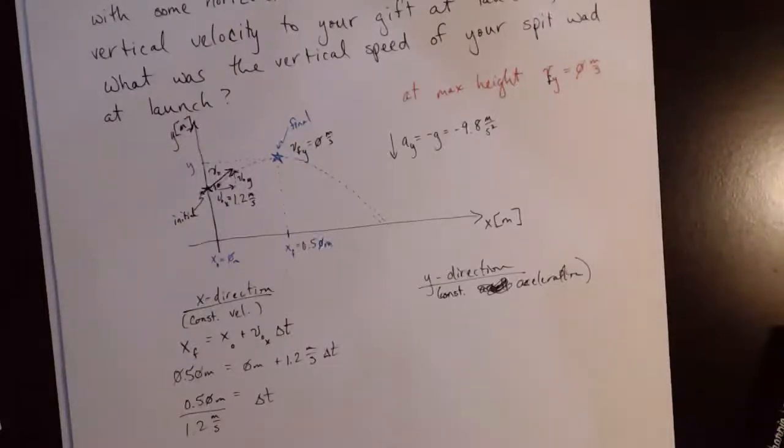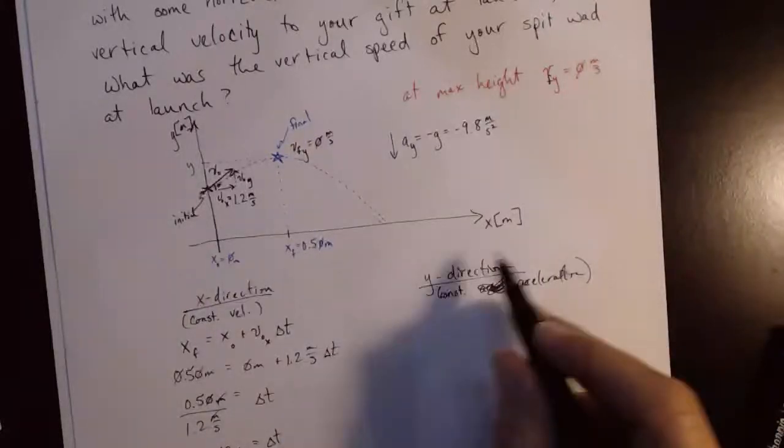And if I plug that into my calculator, I get 0.42 seconds. The meters cancel, and the seconds, which are in the denominator of the denominator, go up to the numerator and become time. So I have the time it takes to get to that maximum height.